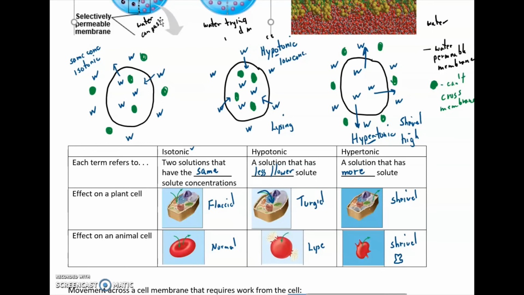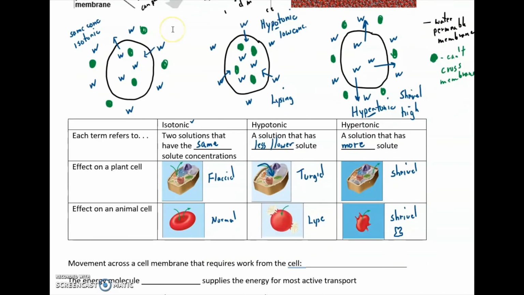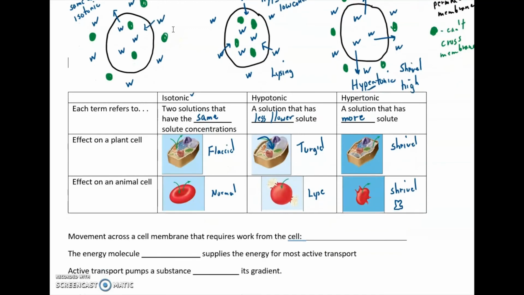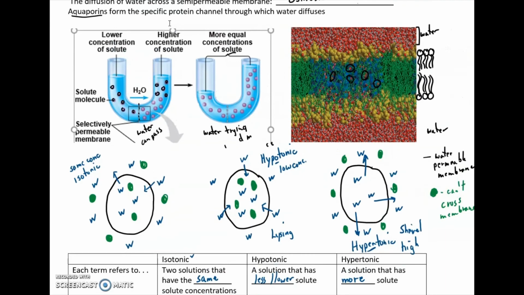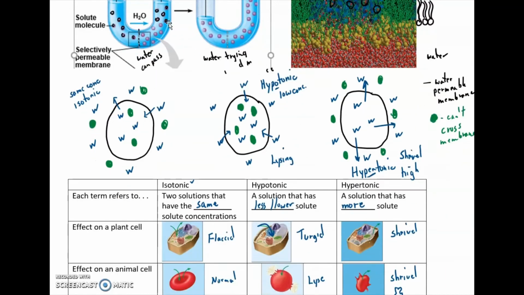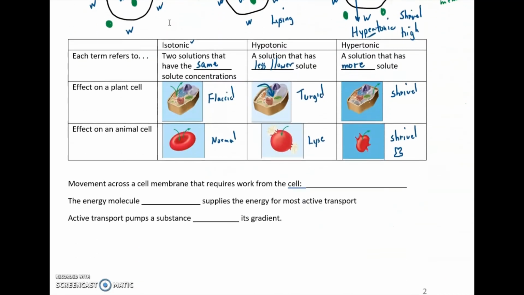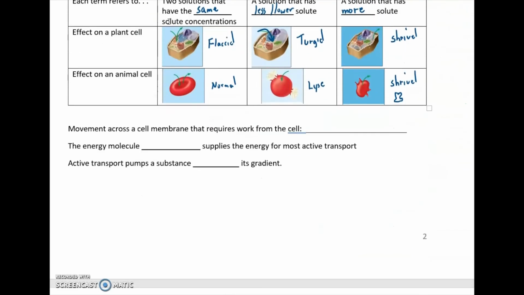Okay, so we've talked about passive diffusion and osmosis, which is also passive. Not all movement across membranes is passive. Some of it requires work from a cell, and this is active transport.